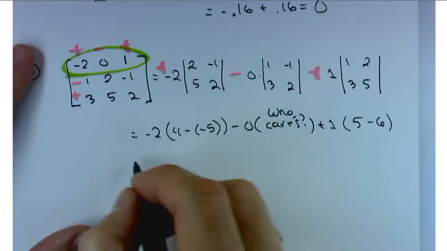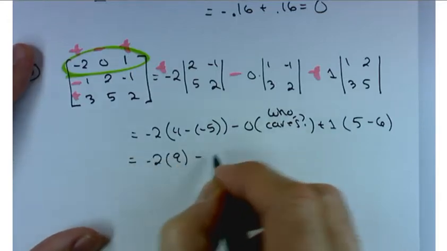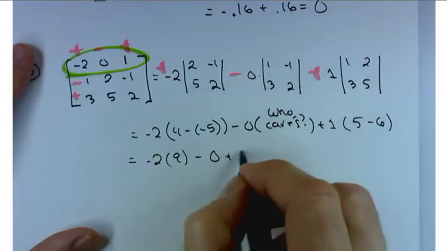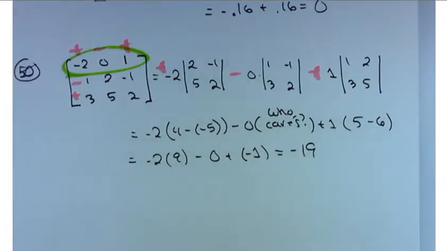Okay, so that's going to be -2 times 9 minus 0 plus -1. I think that's -19 there for that first determinant. So that's a 3 by 3 determinant.